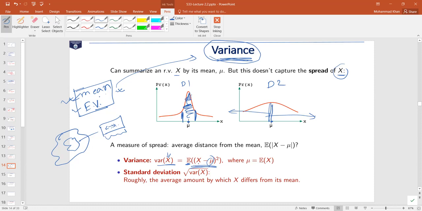How close are they with respect to the mean value? If they are very close, then mu is a very good estimate. If they are not close, and are distributed over a large range, then the mean mu is not a good representative. And we use this formula to calculate variance.